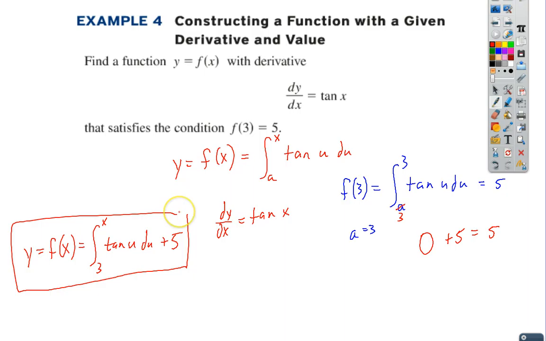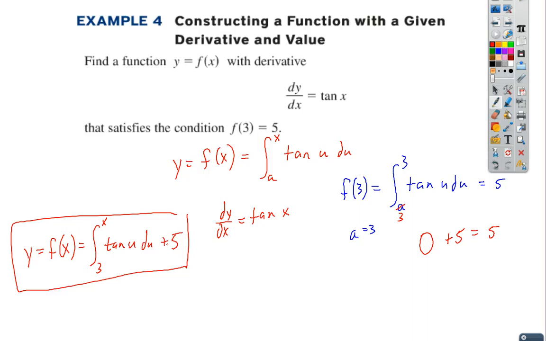And why does this work? Because I found out the derivative of this business here is tangent of x, and the derivative of 5, what's the derivative of 5? 0. And the derivative comes out what I want. That's even 10 times better. Isn't that amazing? And it's just a little trick, a little algebra.